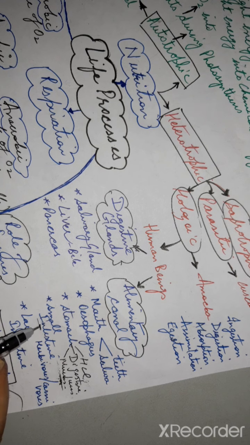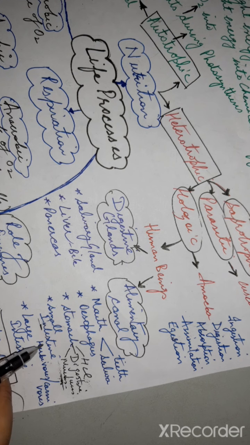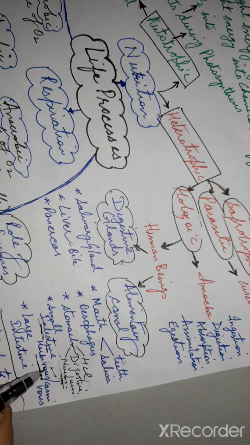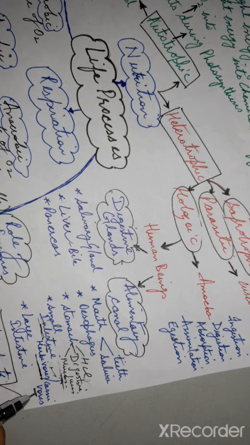Then small intestine. It is the longest part of the alimentary canal. In small intestine the digestion is completed as well as nutrients are absorbed also. Now one important thing there is that herbivores have longer small intestine than the carnivores.